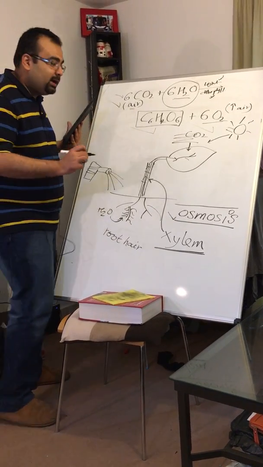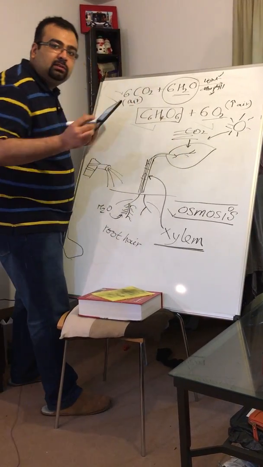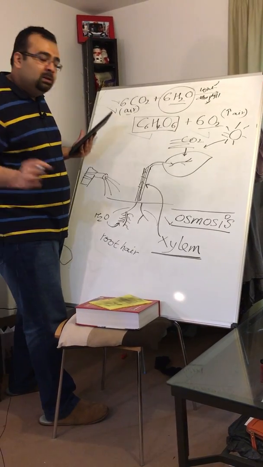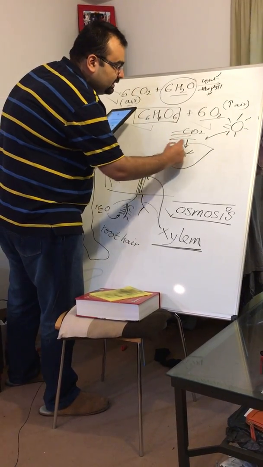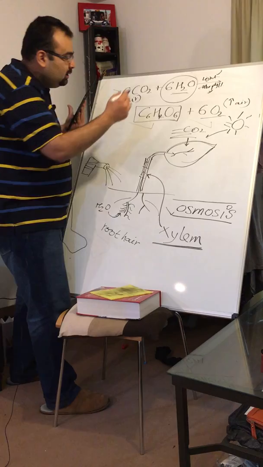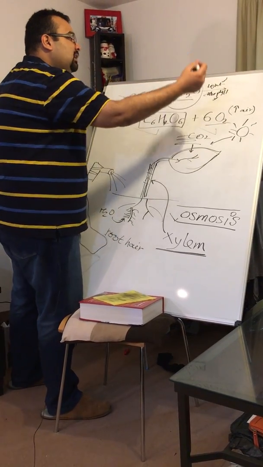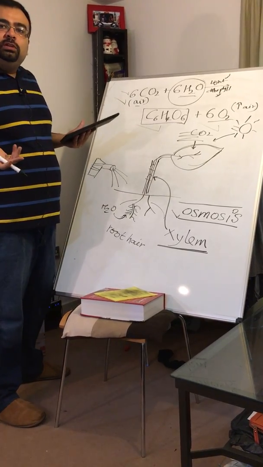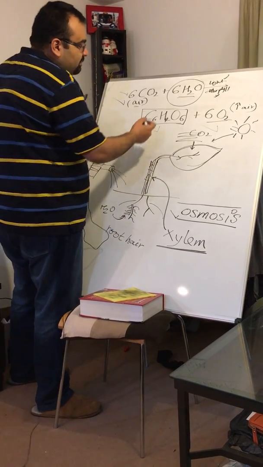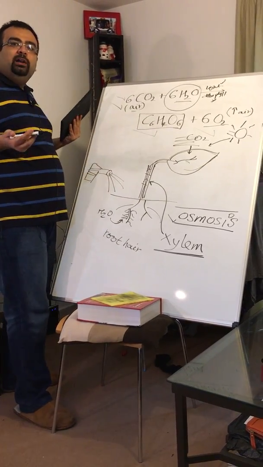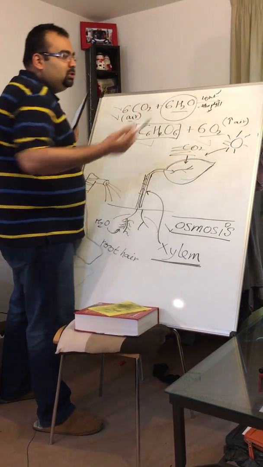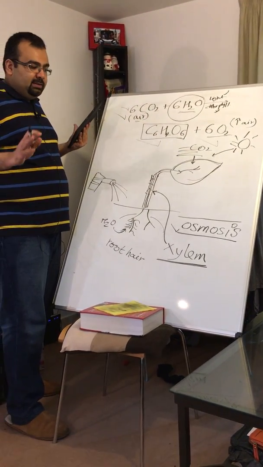We will talk about that later. It goes to the factory where photosynthesis is happening, which here we have taken as an example as the leaf. Now in the presence of carbon dioxide and water, in the presence of sunlight and chlorophyll, the plants are producing glucose, which is a carbohydrate, and giving away oxygen to the air. As simple as that.